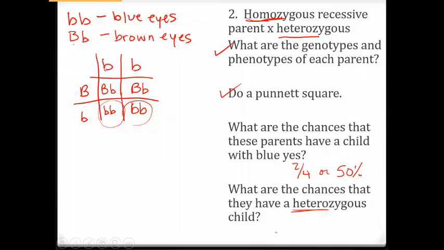So we need to know the vocabulary. Heterozygous is different, and that would be the capital B, little b, and that happens 2 out of 4, or 50%. So we're going to be working through many different types of Punnett squares. This is the first one. This is complete dominance. They either have brown eyes or they have blue eyes. No other trait in the middle, no other third choice.